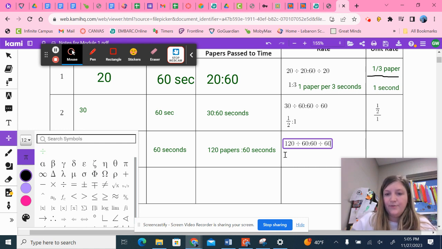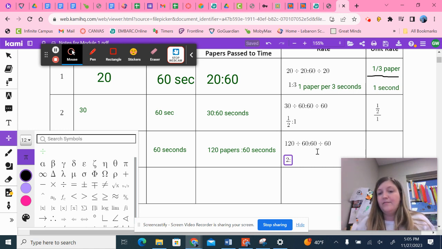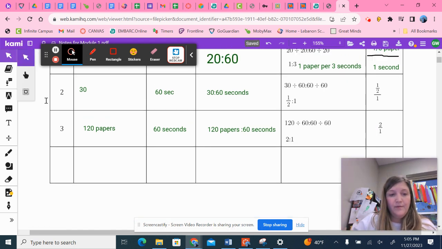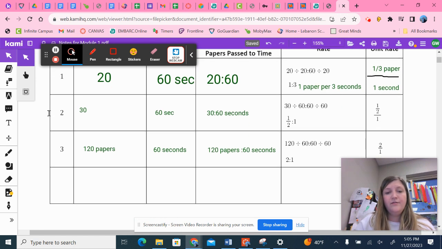So, what is 120 divided by 60? You should have said 2. And 60 divided by 60 is 1. So that means our unit rate is 2 to 1. Hey, good job. So we're going to try this some more. This is our example and our getting our feet wet into really talking about ratios and how we do that. Okay, go ahead and turn your page.